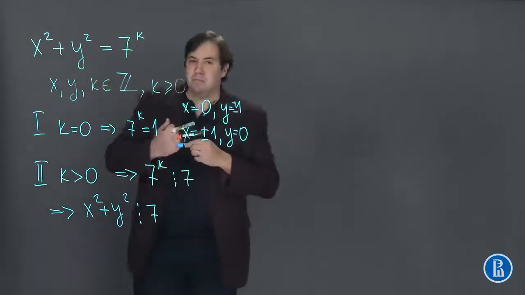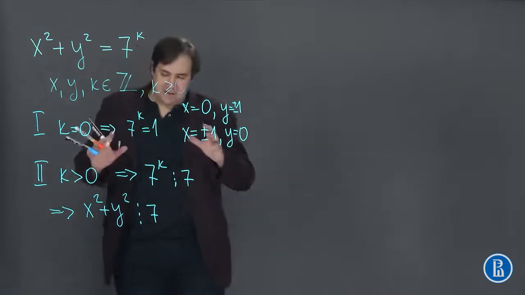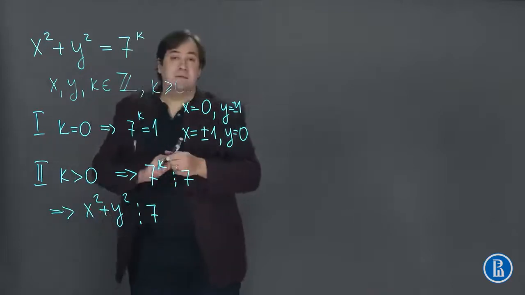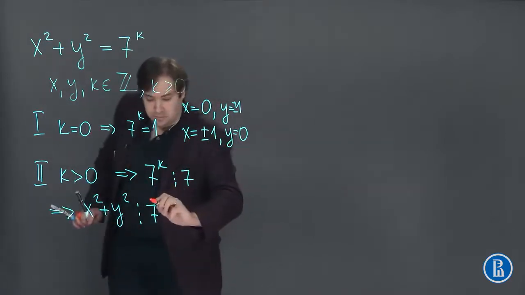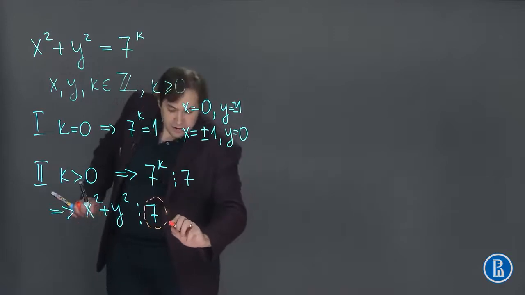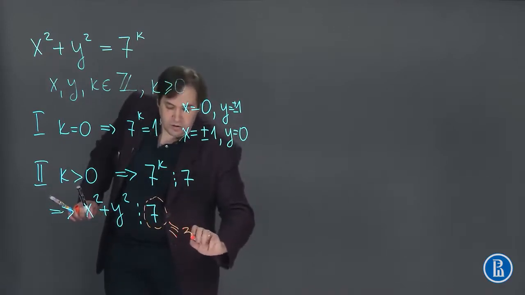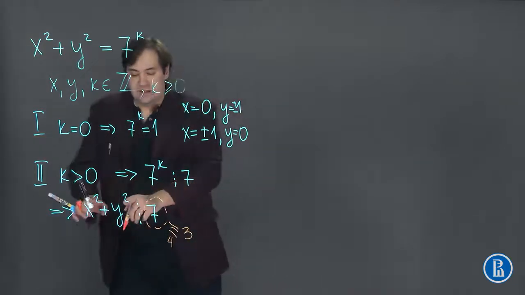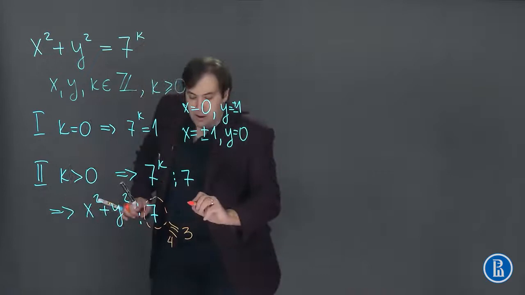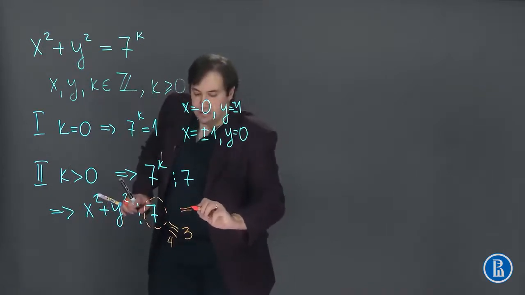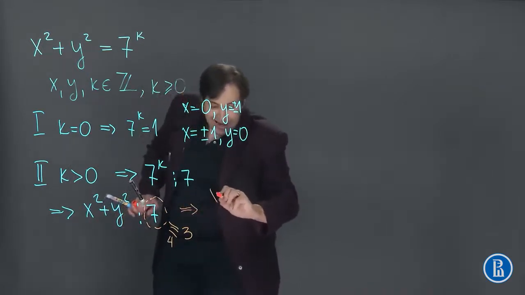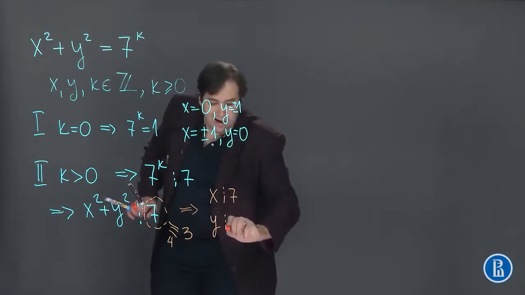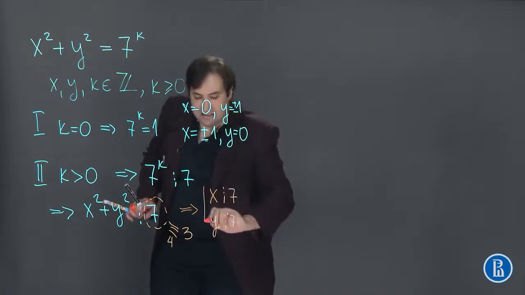And as you may remember, if the sum of two squares of integers is divisible by a prime number which is congruent to 3 modulo 4, then each of these numbers x and y must be divisible by the same prime number. So x must be divisible by 7 and also y must be divisible by 7.